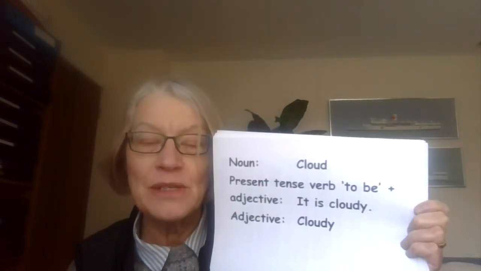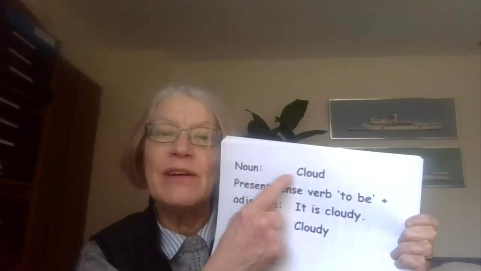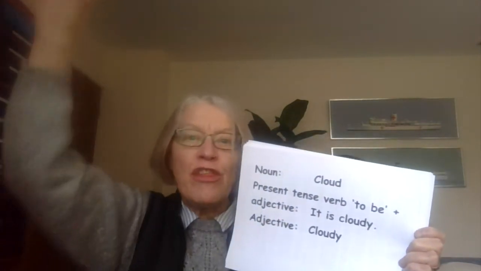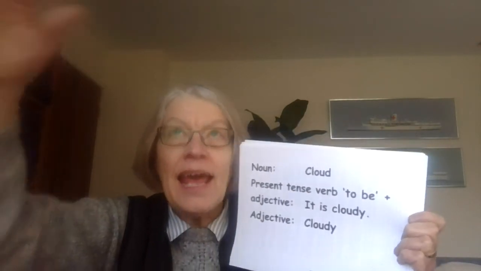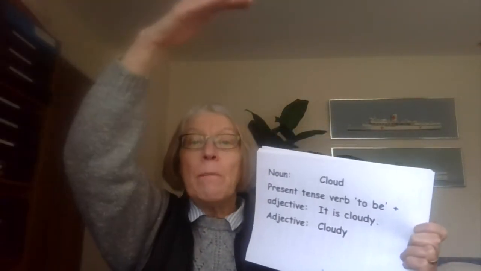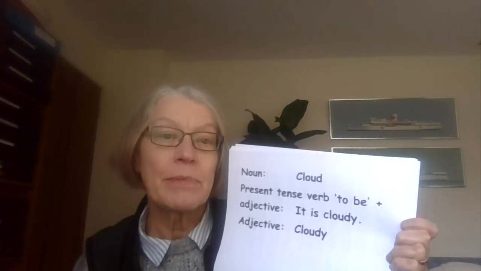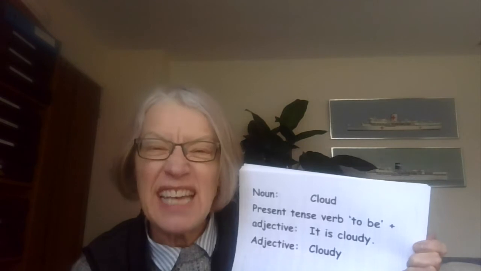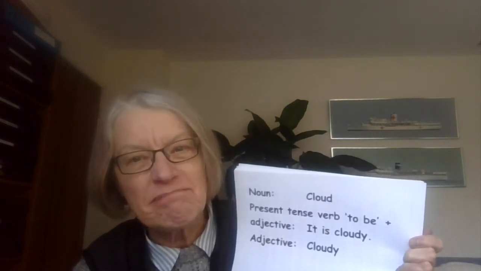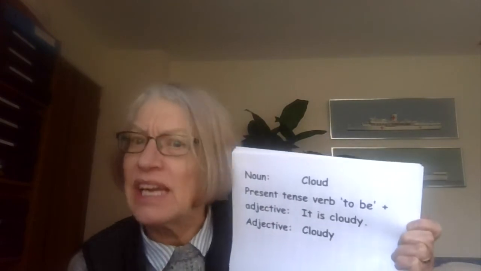And the same with this one. Cloud. The noun is cloud. Those are the things in the sky which are white or grey and they cover the blue sky. Cloud. And again, we don't say it is clouding. Well, sometimes perhaps we say it is clouding over, meaning the clouds are coming.